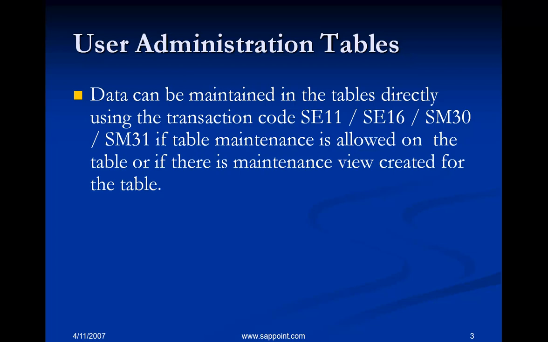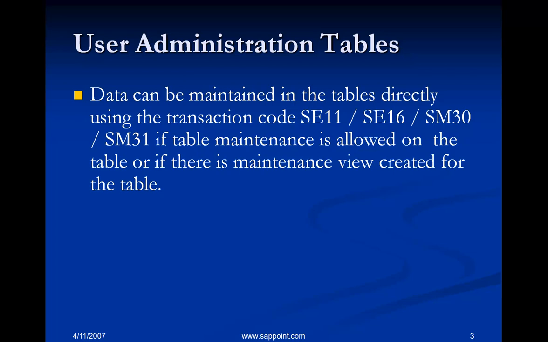SAP recommends that you use a transaction code to work with the data in the SAP system. Because if you modify some record in a table using SA16, there's a possibility that you may compromise the data integrity in the SAP system. Because when you use a transaction code, like I said, the data will go and sit in different tables.